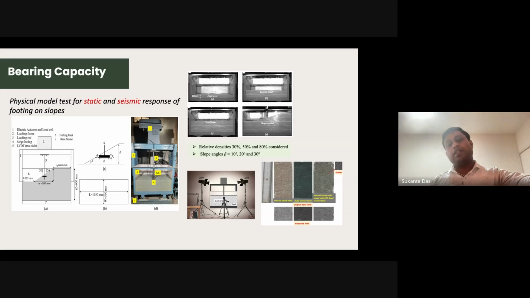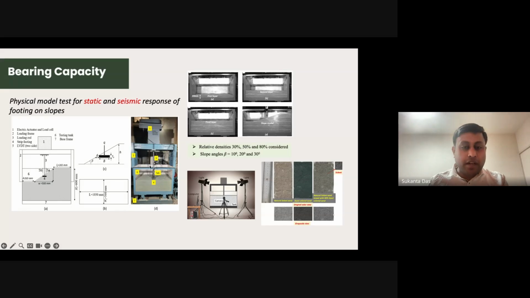Now, so far I have discussed the numerical model and numerical analysis. We also did some physical model tests in the Department of Earthquake Engineering, IIT Roorkee, during my PhD. There, I constructed a tank with a local vendor.